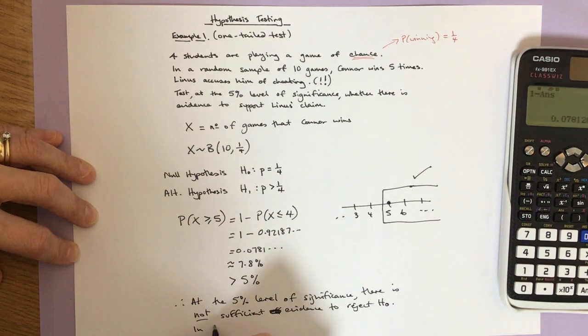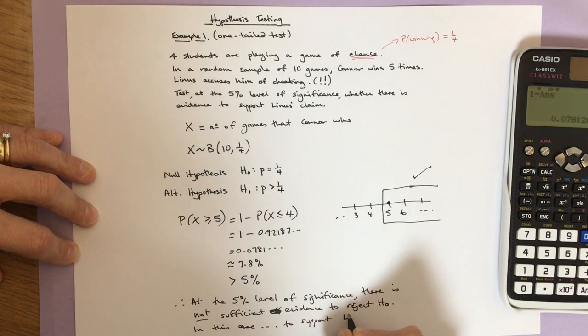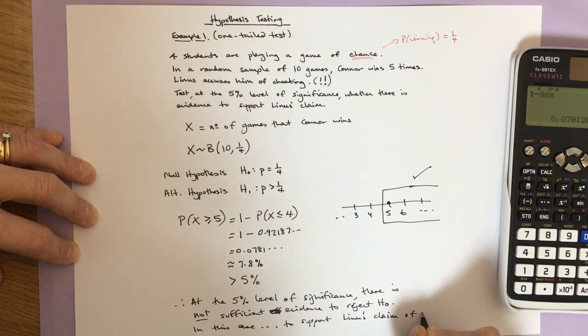So in this case, there's not sufficient evidence to support Linus's claim of cheating.